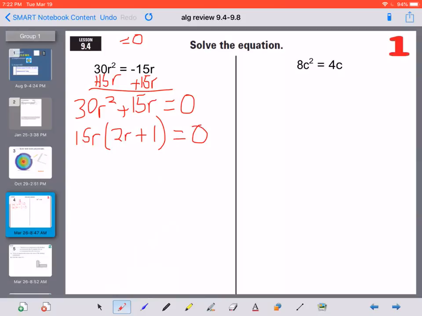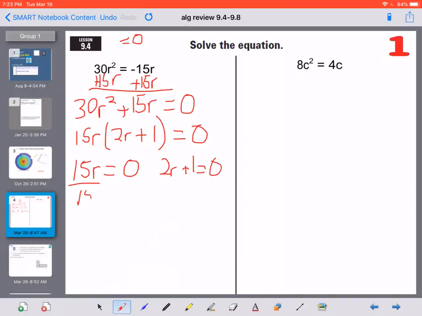So now I'm left with 15r times 2r plus 1 equals 0. So what I do now, when I'm solving this, is set 15r equal to 0, and set 2r plus 1 equal to 0.